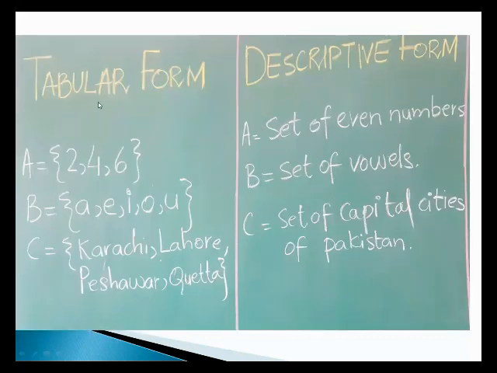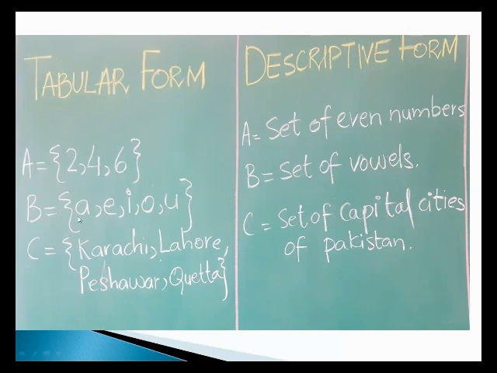Now we see how to convert tabular form into descriptive, or descriptive form into tabular. So we have three sets, A, B and C. Set A: if we want to convert it into descriptive form, first we see it is 2, 4 and 6, which are the set of even numbers.